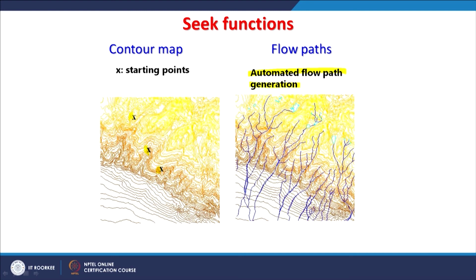So, if there is a pollution source, point source pollution, now I would know exactly how it will travel through these streams and how it will get dispersed. And if that information, that knowledge is available, that too can be modeled here. So, using simple contour maps, I can develop flow paths as well using these seek functions. So, to that extent it is very, very useful.